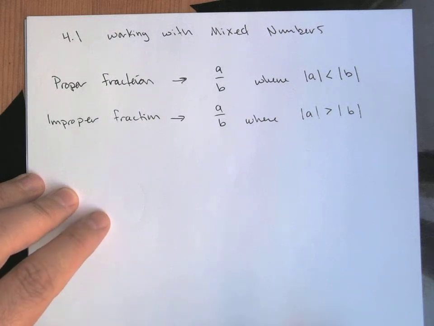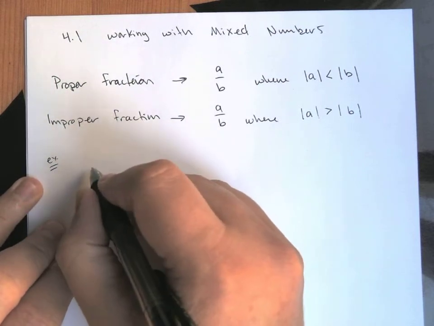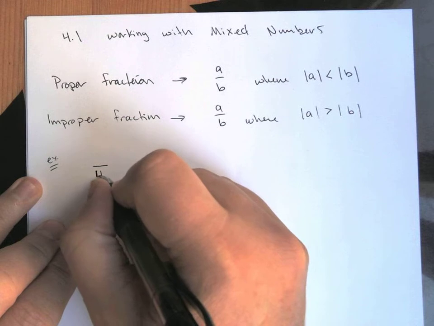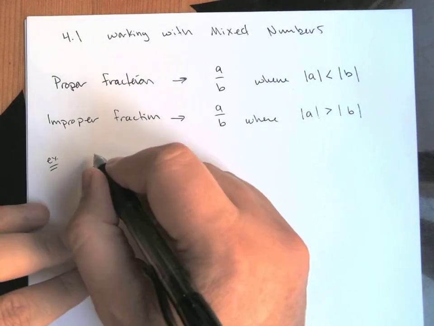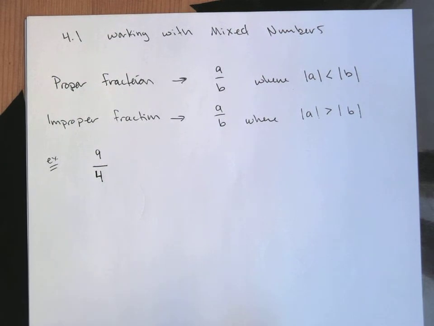So if you're in fourths, but instead of having 3/4 or 1/4 or 2/4, what you have instead is 9/4, you're broken up into fourths, but you have more than 4 out of 4. You're going to be larger than one whole.